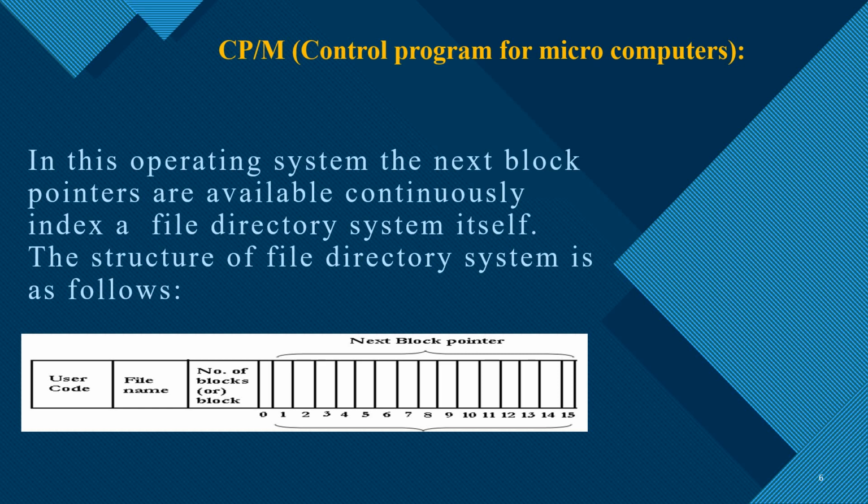The structure of the file directory is as follows: user code, file name, number of blocks, and then pointers. The size is 16 bits, and 16 entries are given for next block pointers. If a file exceeds this, another file directory entry is created in the same structure.